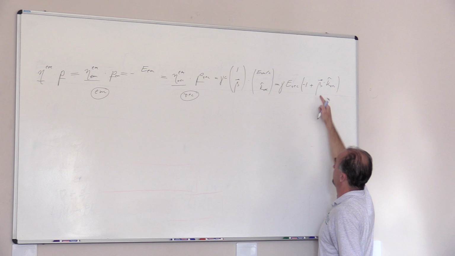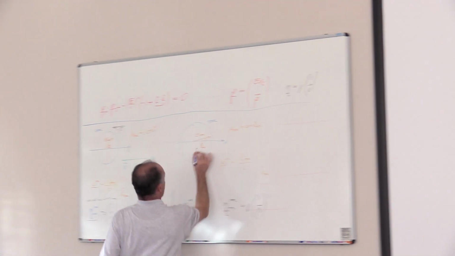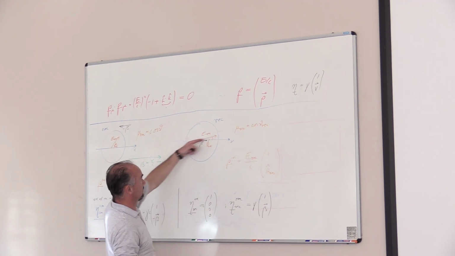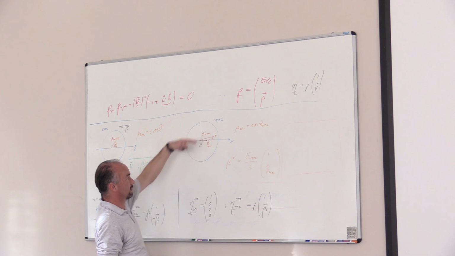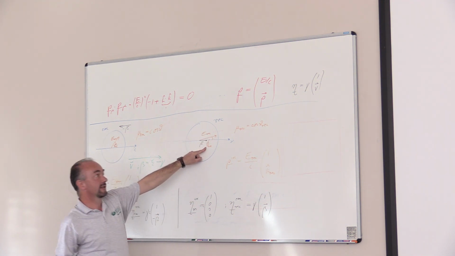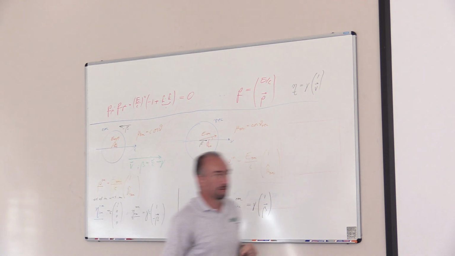Beta goes in this direction, and k goes in the direction in which the photon moves. So beta dot k gives us a cosine of the angle, so it gives us a mu.